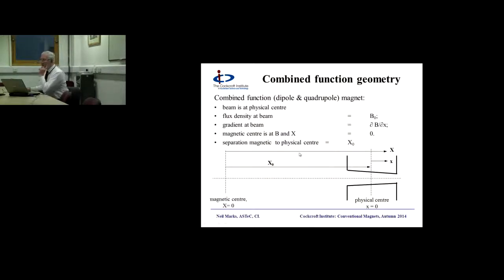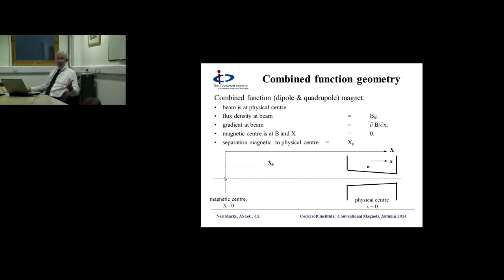We need briefly to convince ourselves that we understand the parameters we're going to be using. Here's a diagram of a combined function magnet, and the point is that this is actually a quadrupole off-center. If you go right the way back to this point here, we're going to say that this is a quadrupole with its magnetic centre.